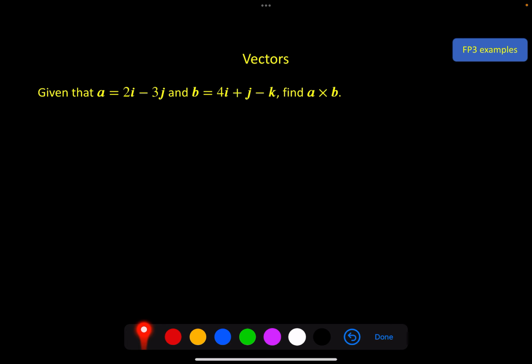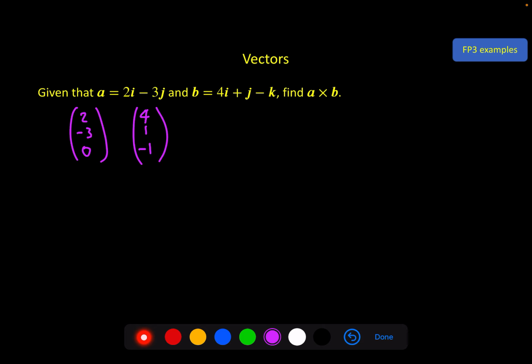So let's actually use this in an example. Given that a is (2, -3, 0), and b is (4, 1, -1), find a cross b. And you'll notice I tend to put my vectors into column format so that I can then use my little fish symbol process.